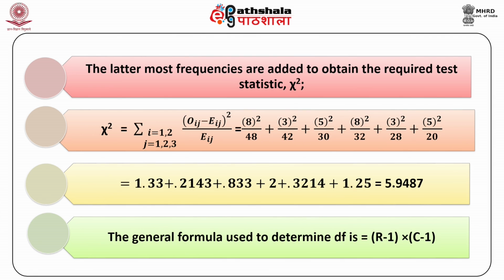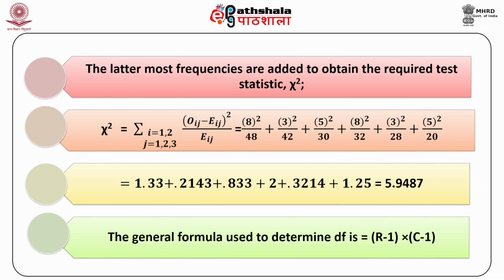So in our current example, chi-square comes out to be a summation over i and j, where i is from 1 to 2 and j is from 1 to 3. And the formula now is (Oij minus Eij) whole square divided by Eij.